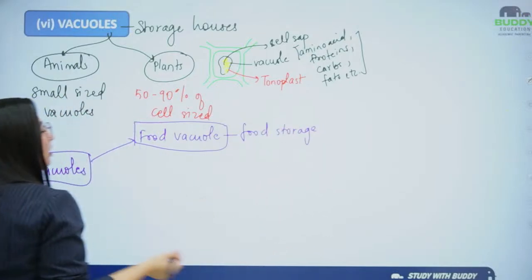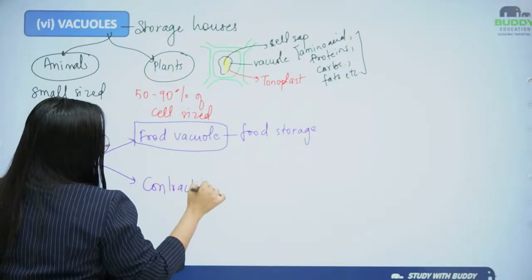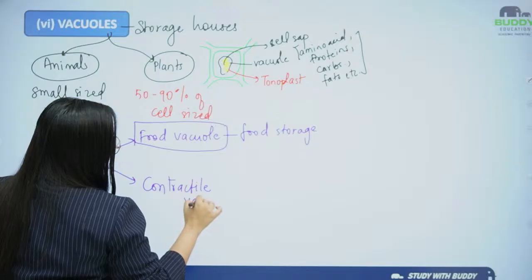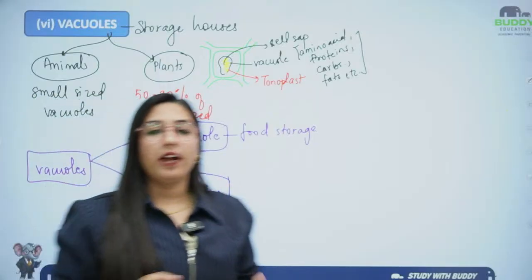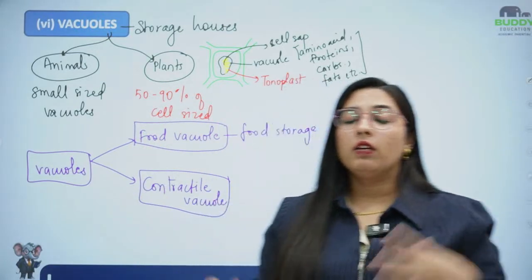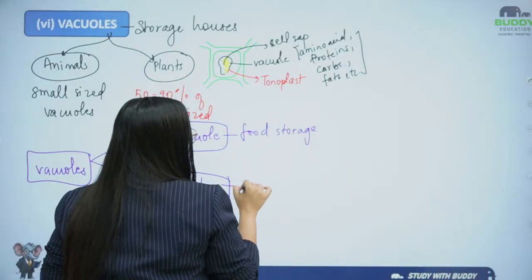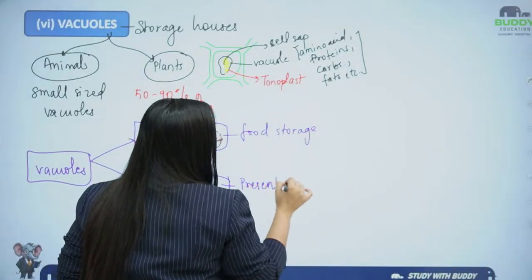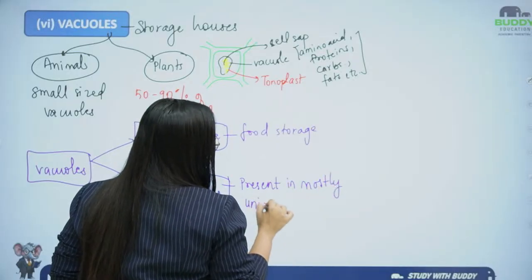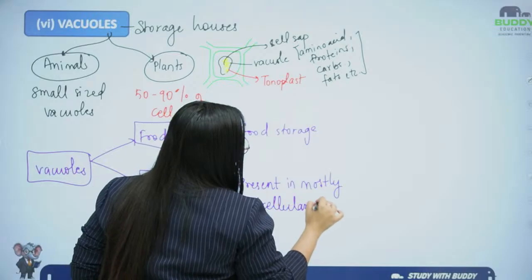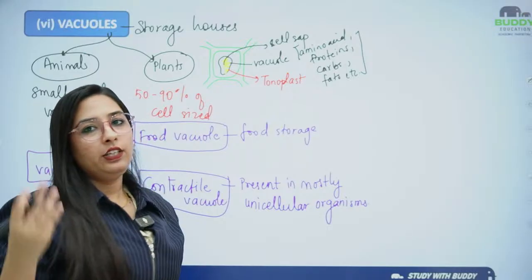We have another type of vacuole also, which is a contractile vacuole. This contractile vacuole is present mostly in unicellular organisms.